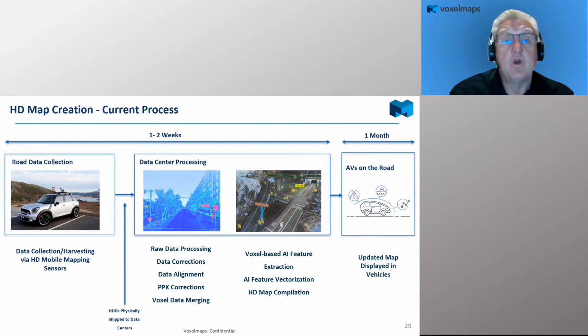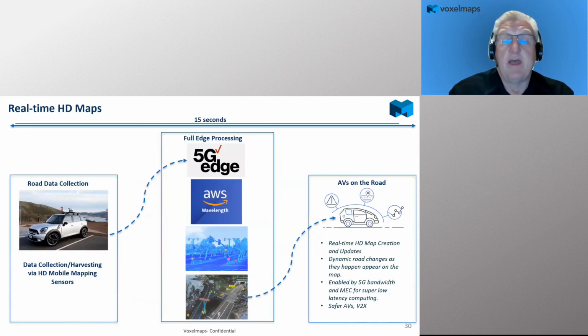So we did a project with a couple of different companies. One was with Verizon and Amazon Web Services. Amazon Wavelength is basically an Amazon processing instance at the telecommunications facility.